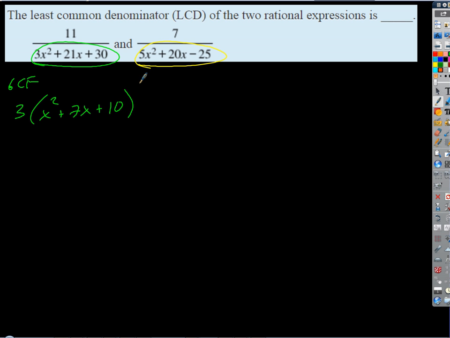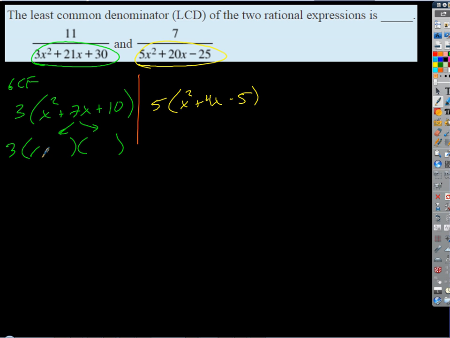Okay, now how about over here? Yellow one. What's my GCF there? 5, leaving me what? X squared plus 4x minus 5. Okay, but we're not done, right? We got the 3 out front. Now we can see if we can split apart the trinomial. Okay, so I've got a 3. Can I do this?